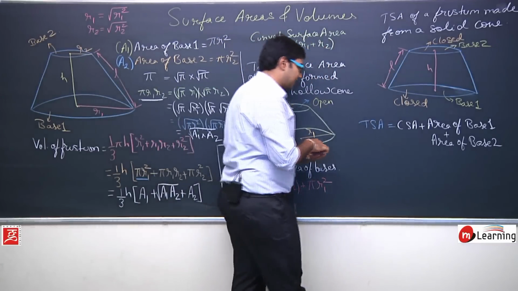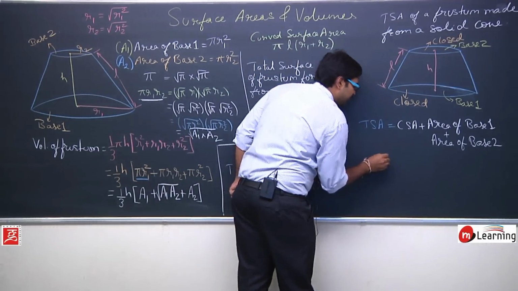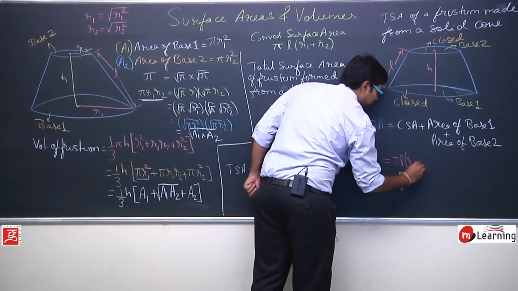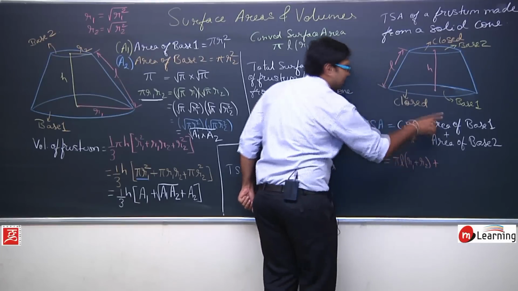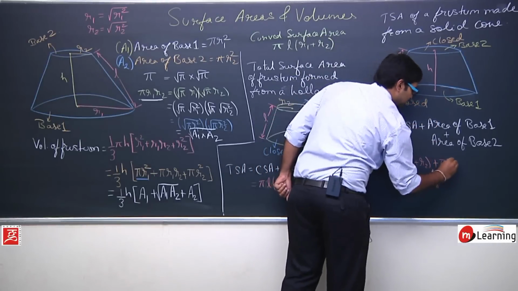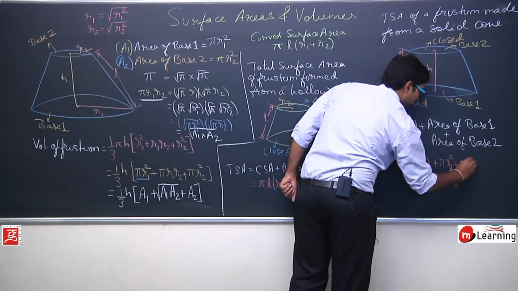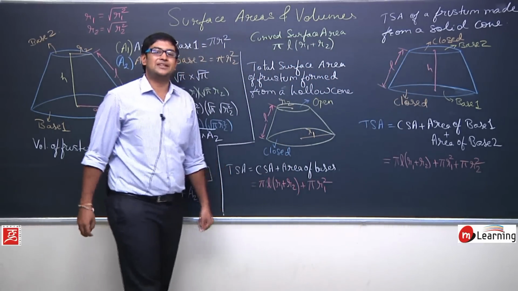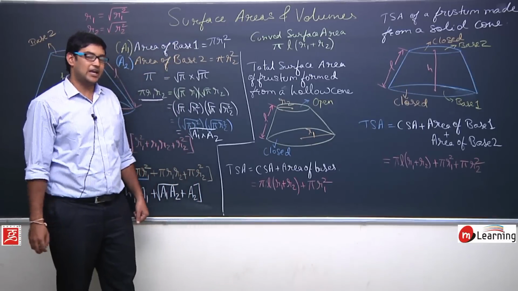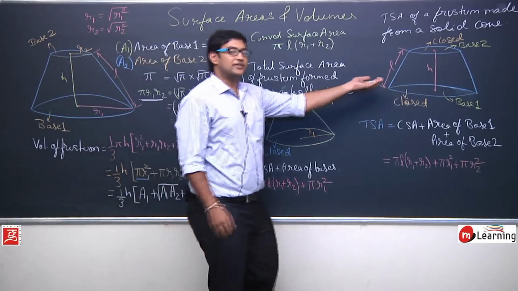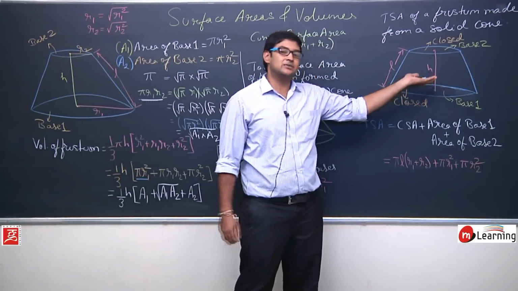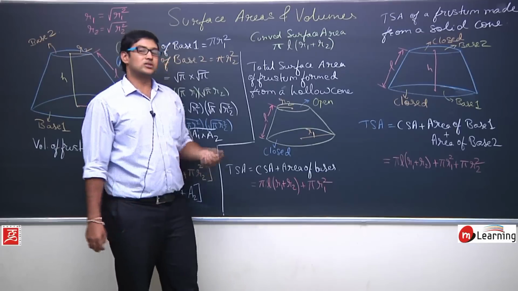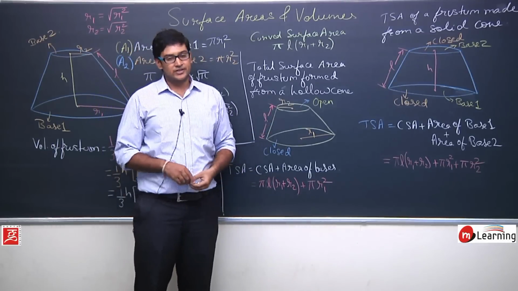So here I will write that the total surface area will be curved surface area, that is pi L into (R1 plus R2), plus area of base 1 is pi R1 square, plus area of base 2 is pi R2 square. So this will represent the total surface area of this frustum, which is made from a solid cone. Okay, so this is how we are going to define the total surface area.